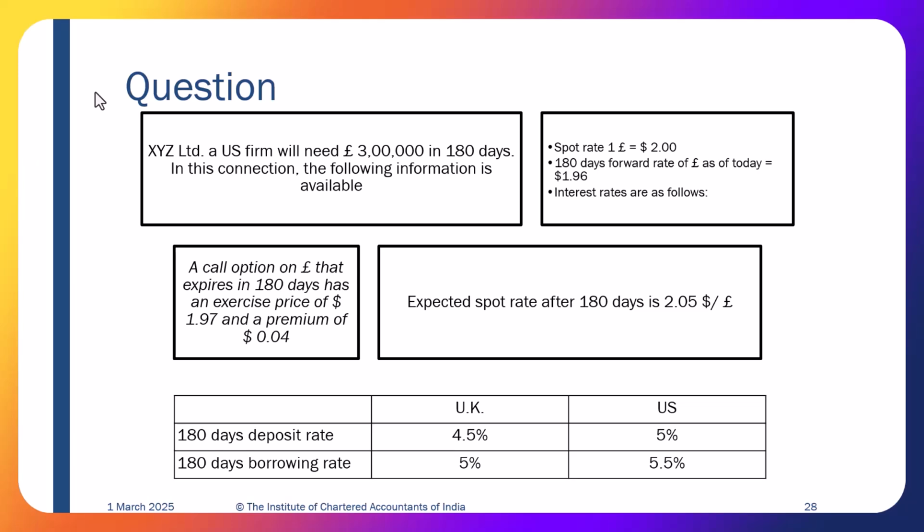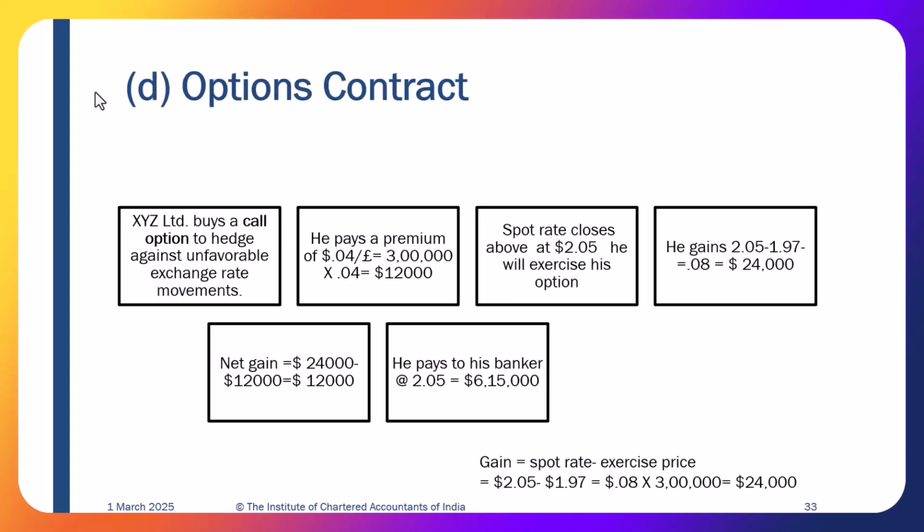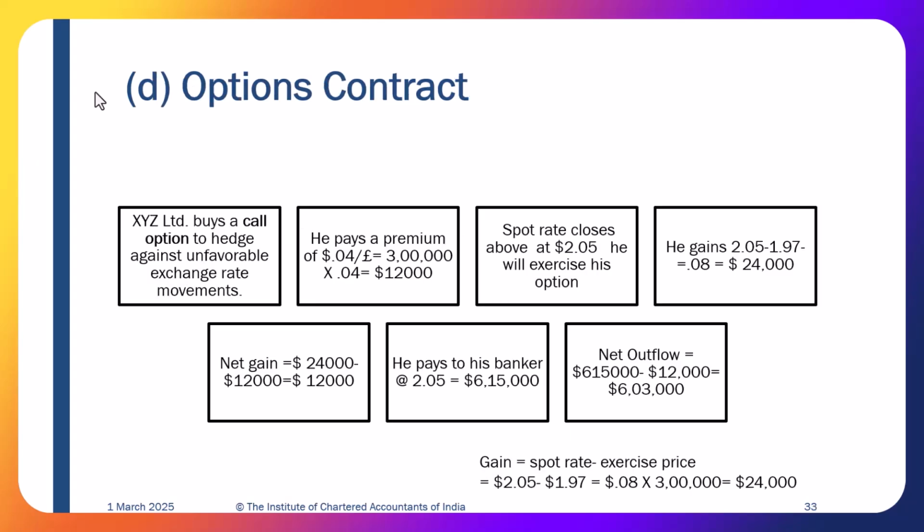Rather here, what we have to do is there is a profit here, isn't it? So we have to subtract. From 6,15,000 we have to subtract 12,000, because he is paying at a high rate minus the option contract profit. So that means his net outflow will be 6,03,000.